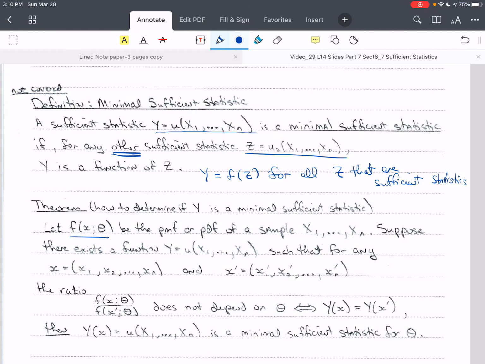Let f of x theta be the PMF or PDF of a sample x1 to xn.